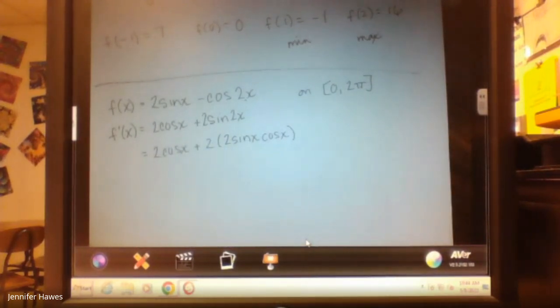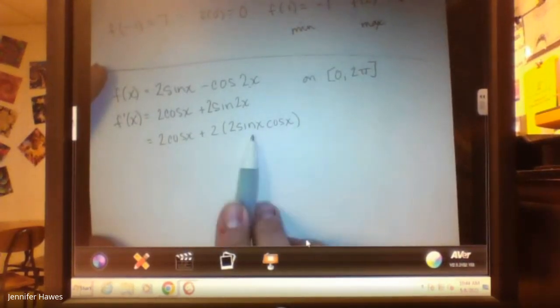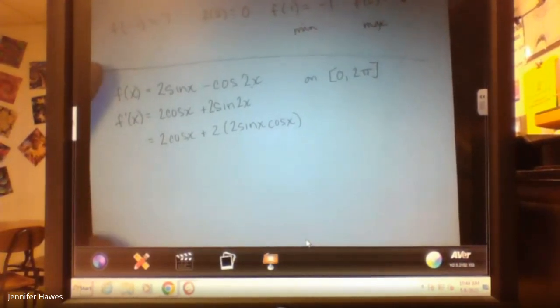So to get rid of that sine 2x, substitute in that double angle identity, so this thing right here I just changed into that. Are we good there? Now what do this and this whole thing have in common?